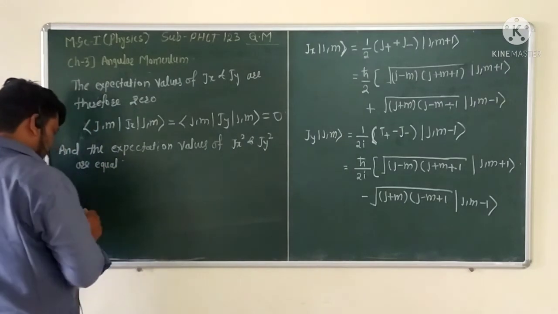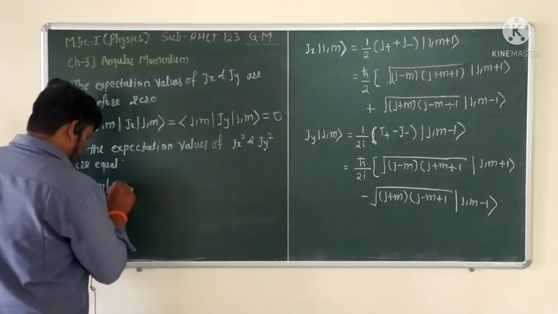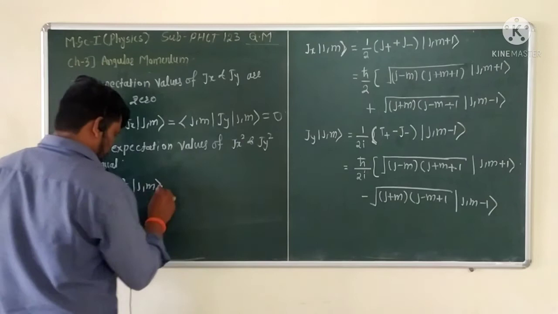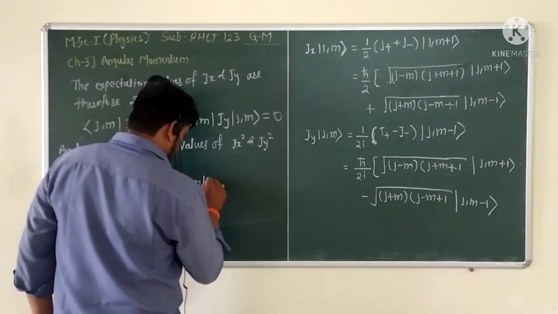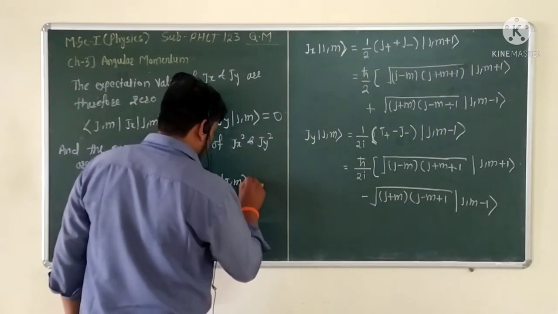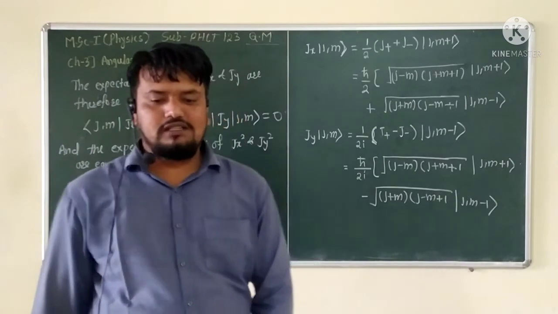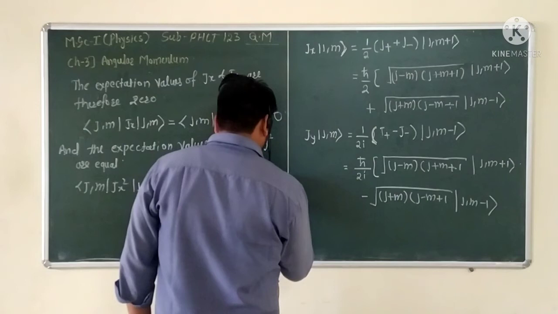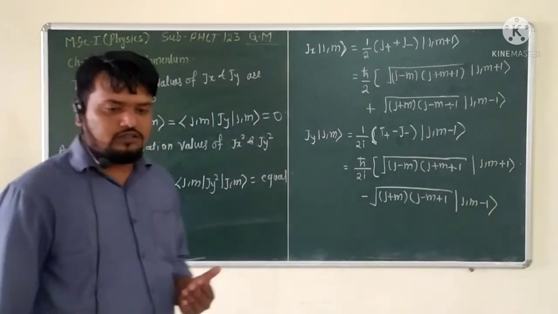So this is nothing but the bra of J comma M, Jx square, ket of J comma M, is equal to the expectation value of Jy square in the ket of J comma M, and these expectation values are equal, given by the equation.